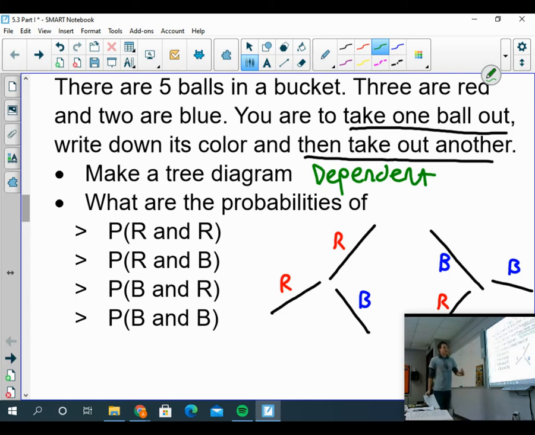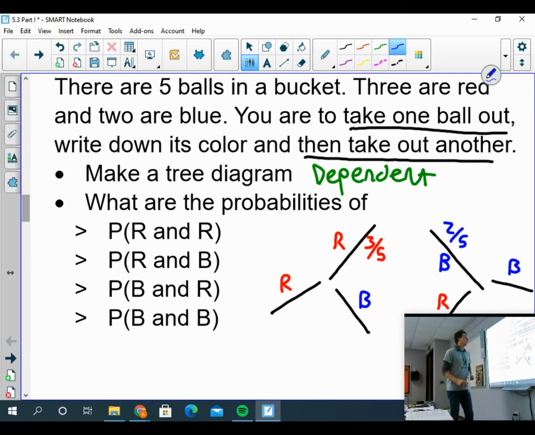The first selection will affect your second one. So what are some probabilities here? Well, the chance of me selecting a red ball right out of the gate is 3 out of 5. Okay? There are 3 red balls, 2 blue. Similarly, the blue will be 2 out of 5.